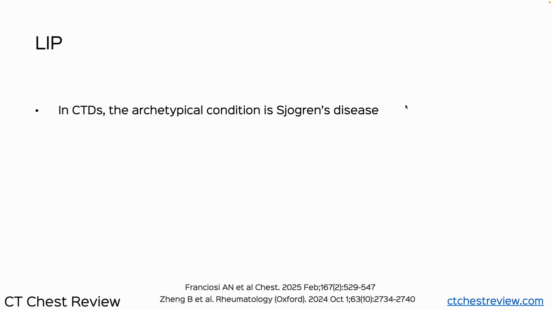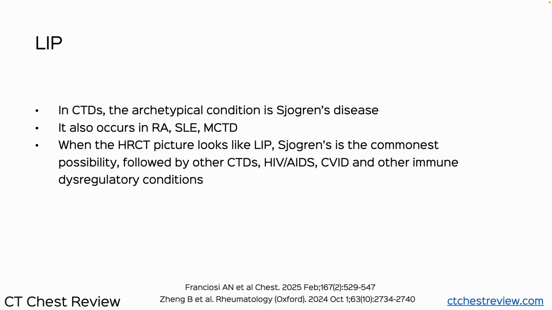So if you look at LIP, it occurs in connective tissue diseases. Commonly, the archetypical condition being Sjogren's disease. It also occurs in patients with RA, SLE, and mixed connective tissue disease. If the picture looks like LIP, then Sjogren's is the commonest possibility, followed by other CTDs, HIV, AIDS, CVID, and other immune dysregulatory conditions.